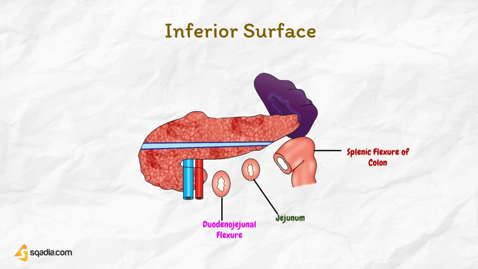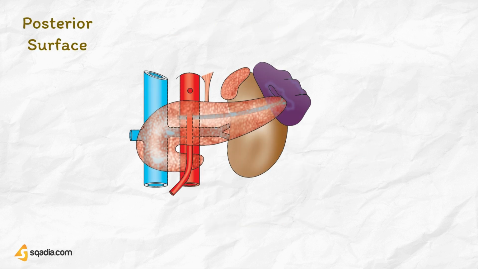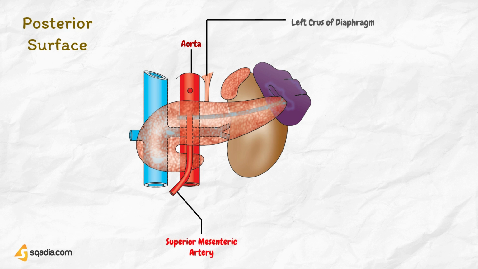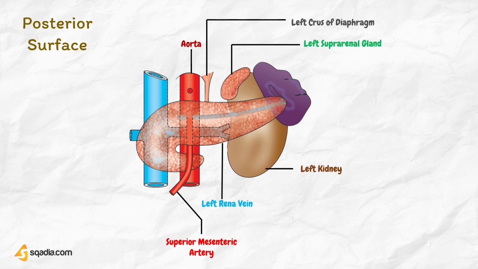The posterior surface is devoid of peritoneum and is related to the aorta with the origin of the superior mesenteric artery, left crus of the diaphragm, left suprarenal gland, left kidney, left renal vessels, and splenic vein.